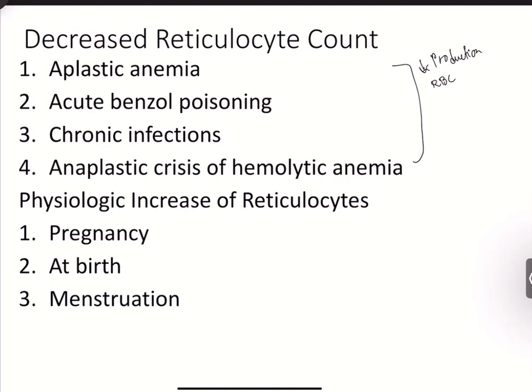Okay, physiologic increase in reticulocyte count. So, reticulocyte count is not always seen in abnormal conditions. We can also observe this in normal conditions like pregnancy, menstruation, and at birth. Why?